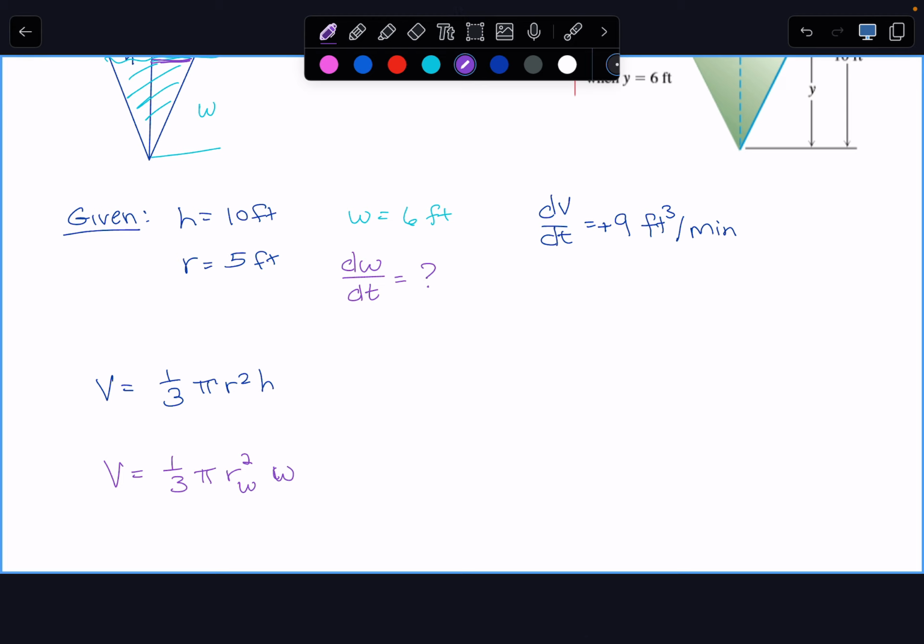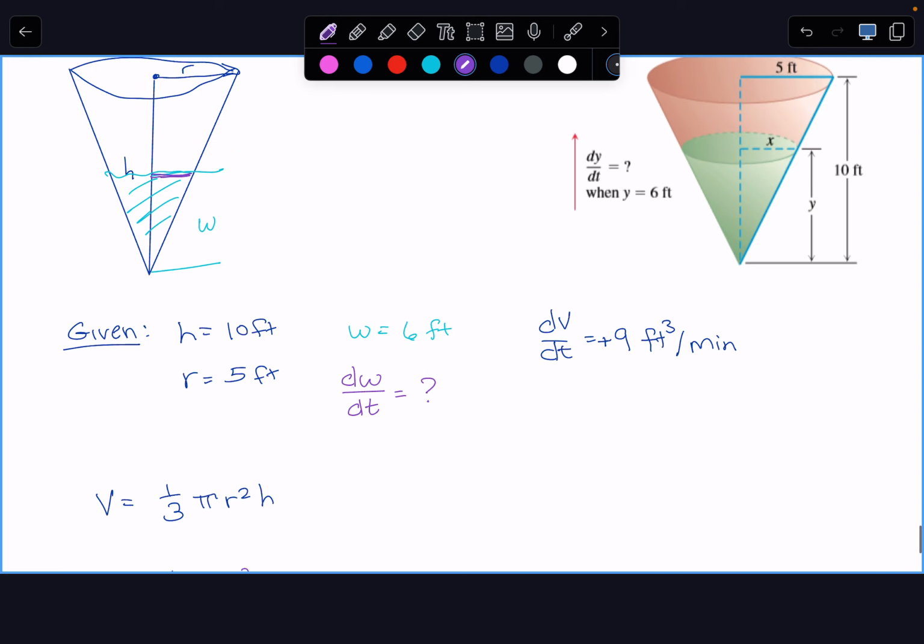I would really like to get this all in terms of W right now, because I don't have any idea how fast the radius is changing with time, and I don't care, because it's not a part of the problem. So I would rather have this all in terms of W. Can anybody see a way that I can get my r in terms of a W? If you look back at our picture.